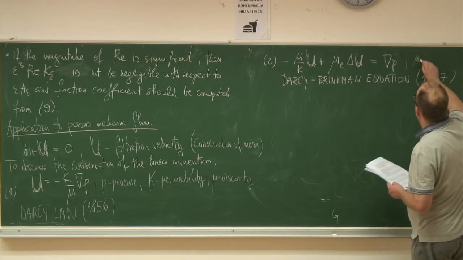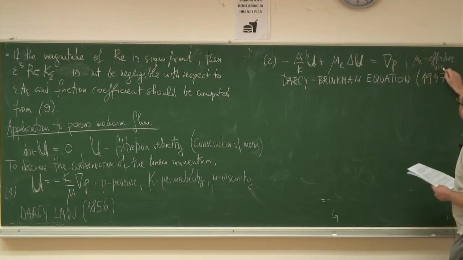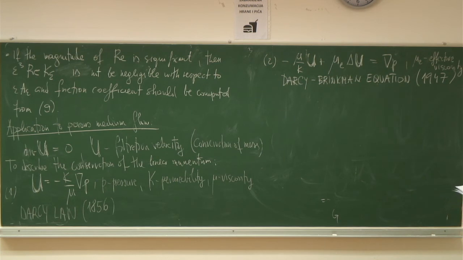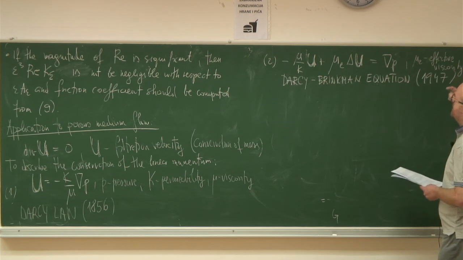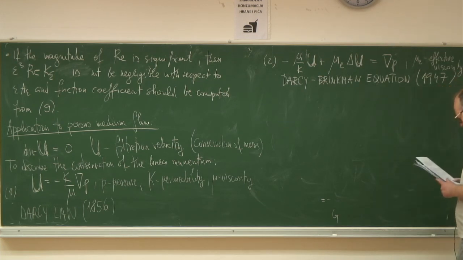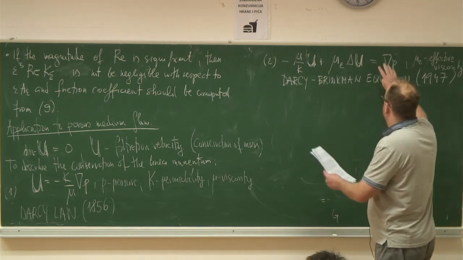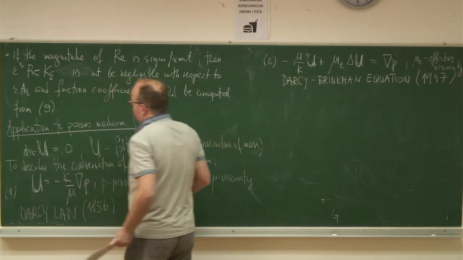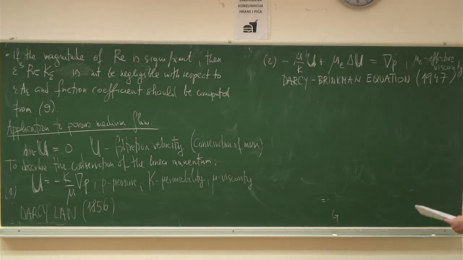Here we have this effective viscosity, which, I repeat, does not have to be equal to the fluid's dynamic viscosity. So this is the effective viscosity of the fluid in the porous medium. And this equation, together with the continuity equation, is better for the purpose of the analysis.